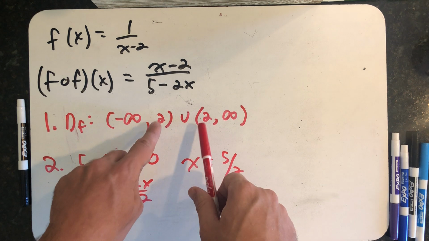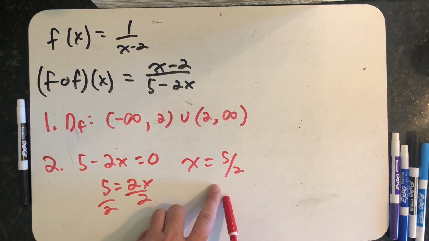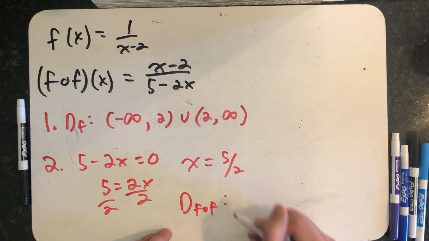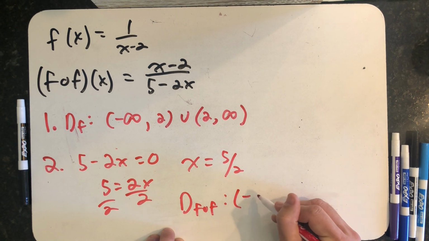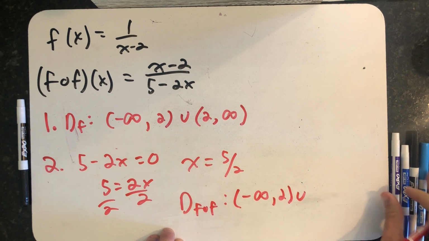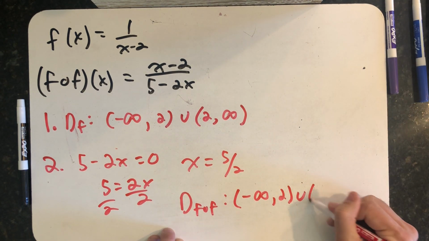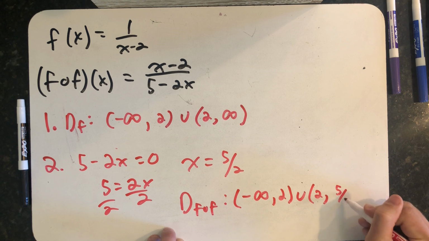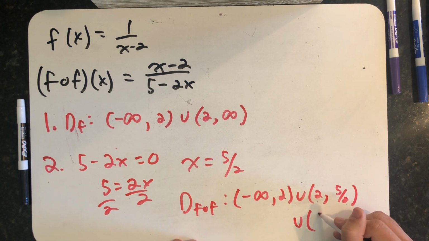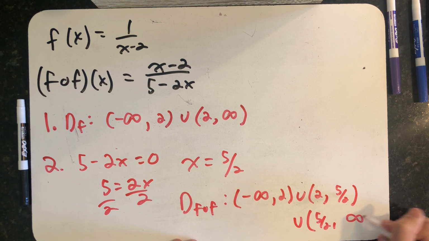So I have to leave out 2, and I have to leave out 2.5. So my final answer for the domain of f composed with f is the interval from minus infinity to 2, leaving out 2, and then I have an interval from 2 to 5 over 2, 2.5, leaving out the 2.5, union 5 over 2 to infinity.